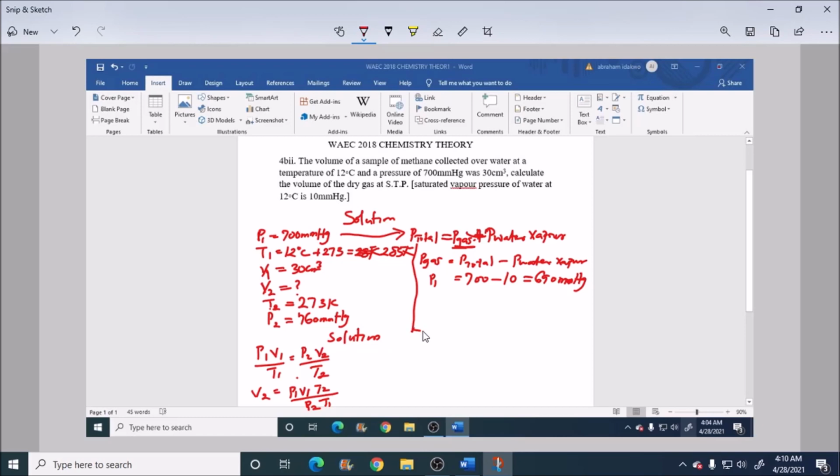Then by substituting the values, we have V2 is equal to 690 millimeter mercury, that's our P1, multiplied by 30 centimeter cube, multiplied by 273 Kelvin, that is our temperature T2, all over our P2, which is 760 millimeter mercury, then multiplied by our T1, which is 285 Kelvin.